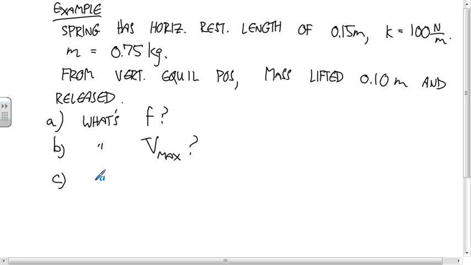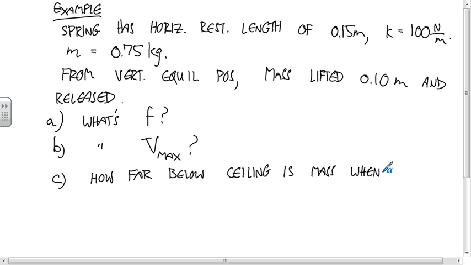Third, how far below the ceiling is the mass when it reaches that top speed?